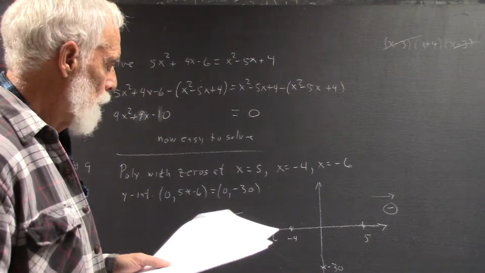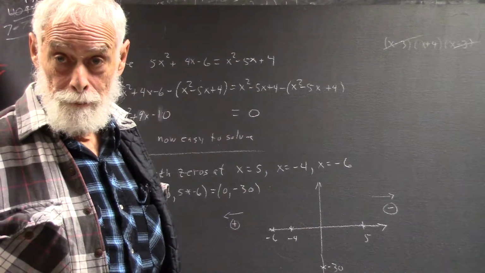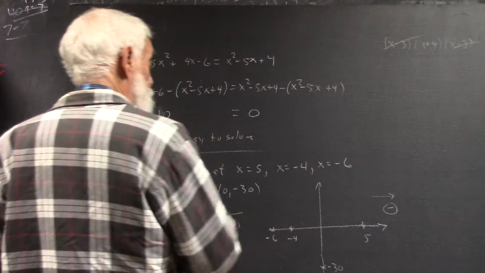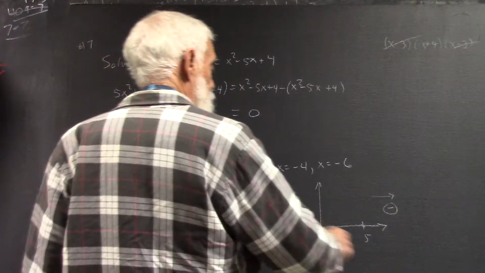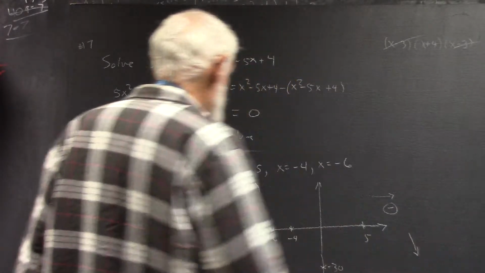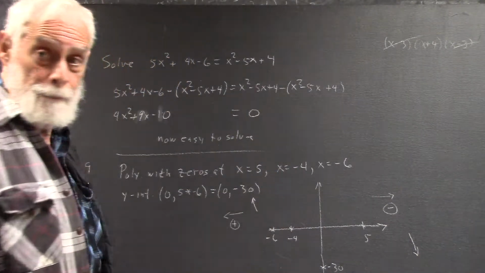Sketch at least 2 polynomial graphs matching this description. Well, it's a polynomial. This is the leftmost zero, so it's got to go up here, and it's got to go down over here. So it's got to come down to this zero from somewhere up high.